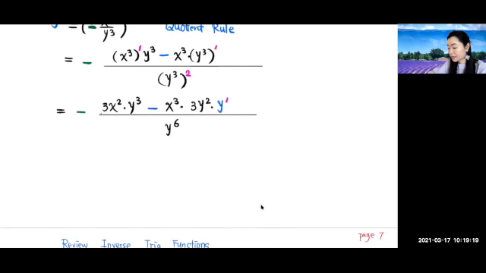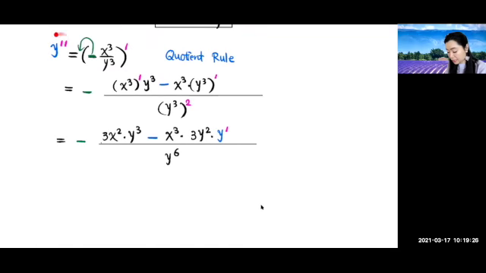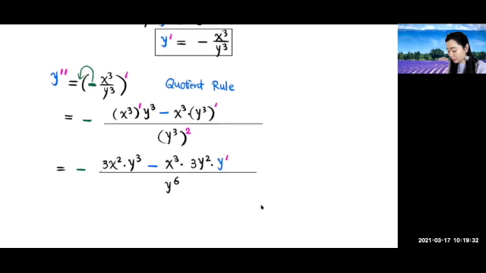Now let's simplify this a little bit. Notice that this second derivative is actually expressed in terms of the first derivative right now. So how about we substitute y prime equal to this into this, to simplify.